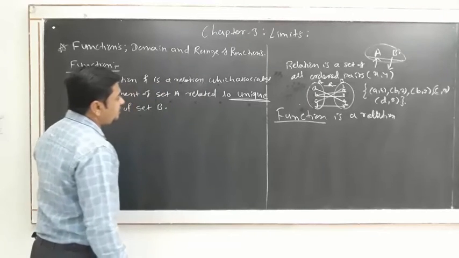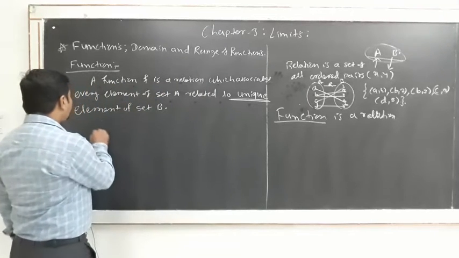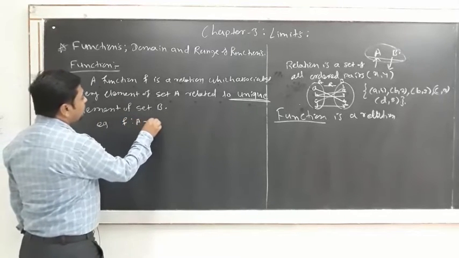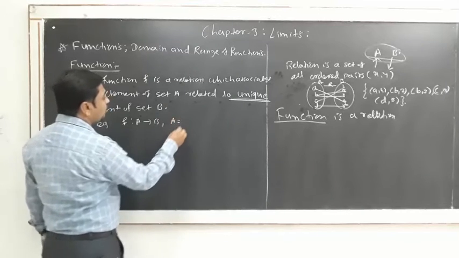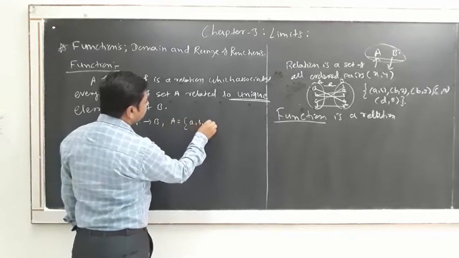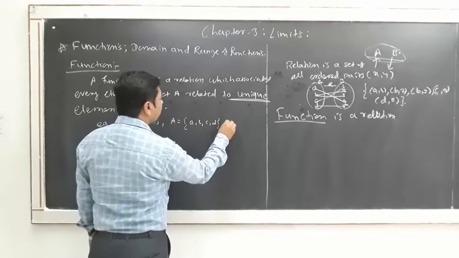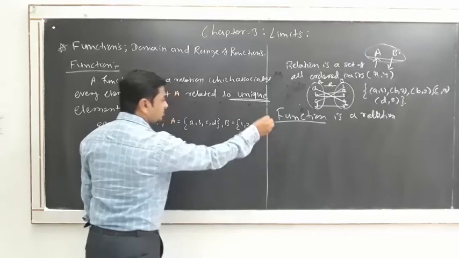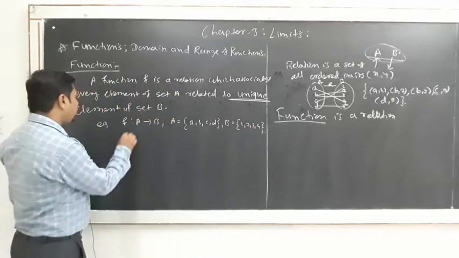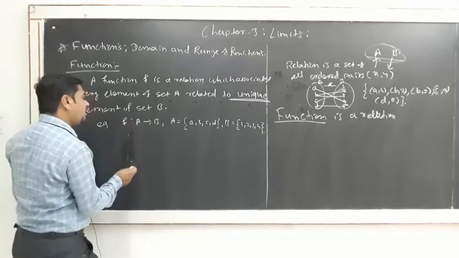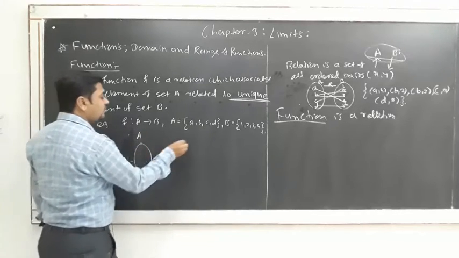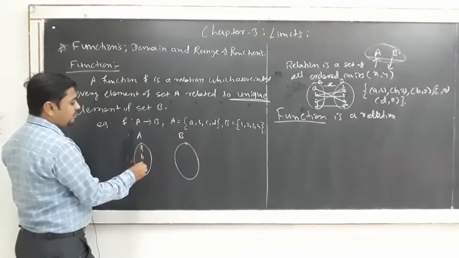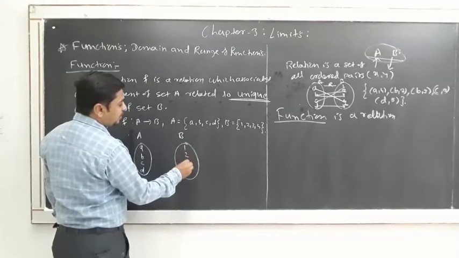Suppose an example: f is a function from A to B, where A is {a, b, c, d} and B is {1, 2, 3, 4}. Here this is the A set and this is the B set, with a, b, c, d and 1, 2, 3, 4.